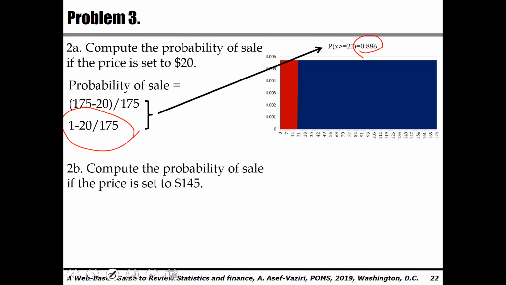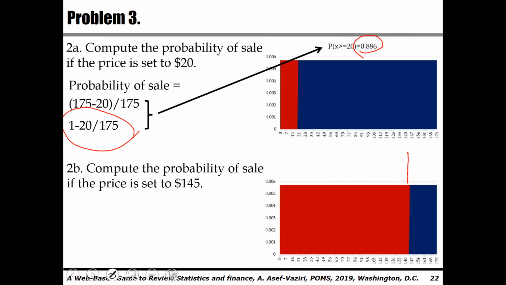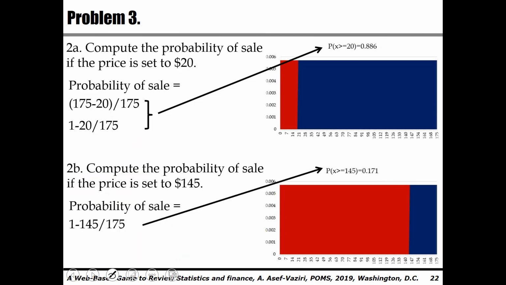Compute the probability of sales if the price is set equal to 145. This is 145. Probability of sales is to the right, and therefore it is 1 minus probability of the left side. 1 minus probability of the left side is 145 multiplied by 1 over 175, which is the probability to the left. 1 minus it is probability to the right, which is 0.17, 0.171.